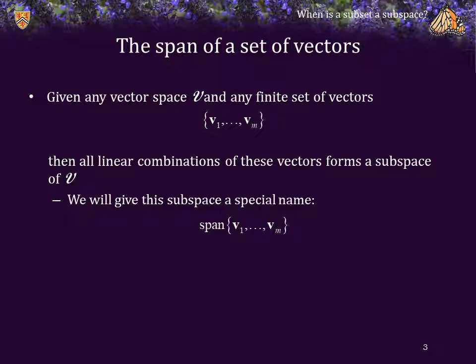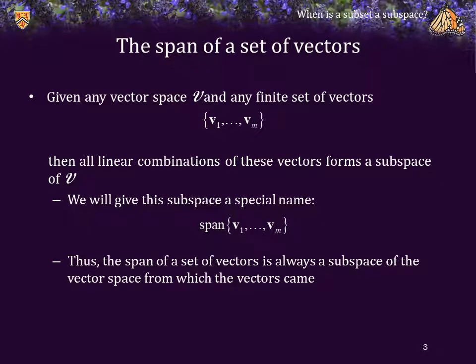So given M vectors, the span is just simply all linear combinations of those vectors. The span of the empty set is the null vector, the zero vector. Thus, the span of a set of vectors is always a subspace of the vector space from which the vectors came.